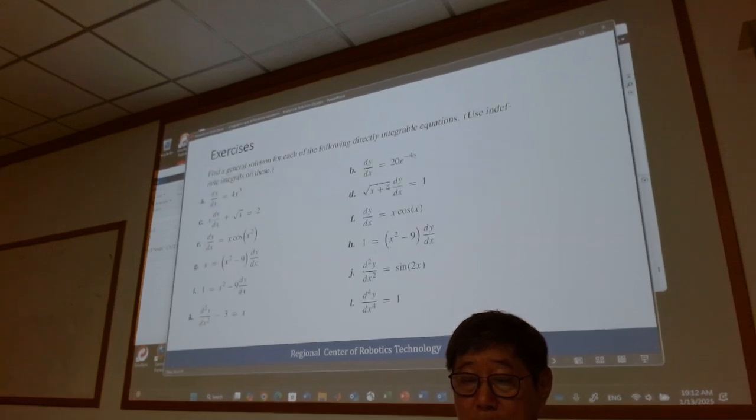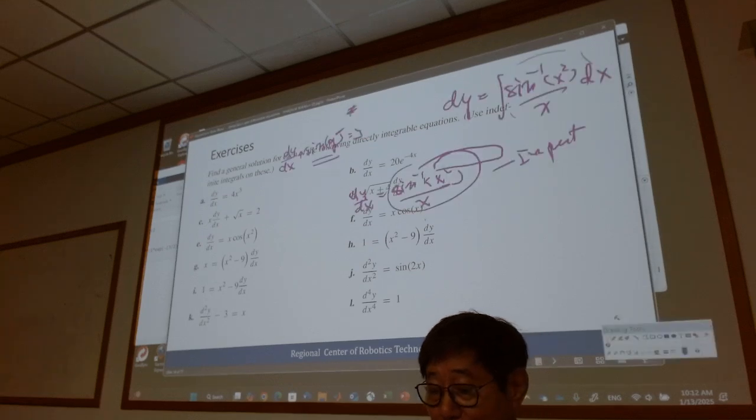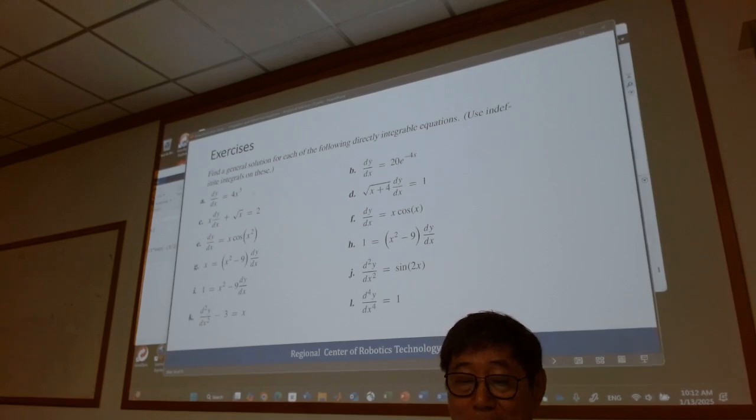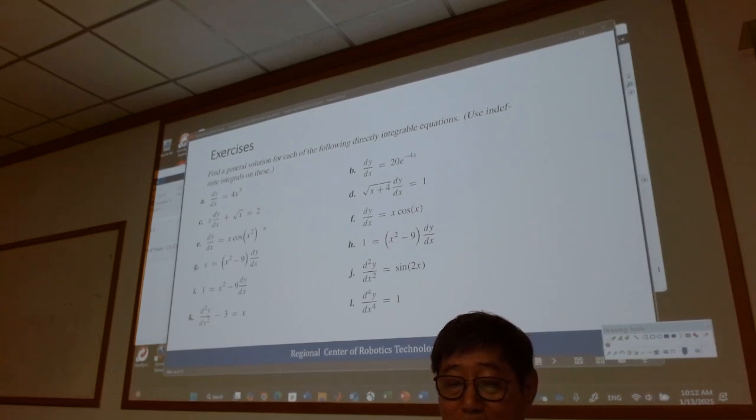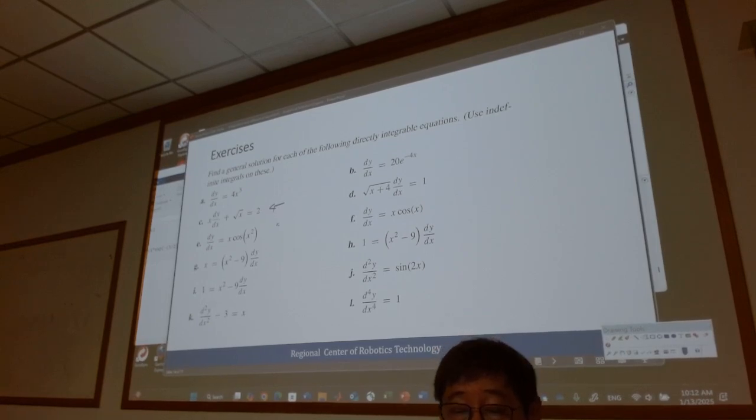Find the general solution, find the solution. Look at this one, the other one. This is linear, this one is not that difficult to solve, right? This one also linear, this linear, this linear, this linear as well.